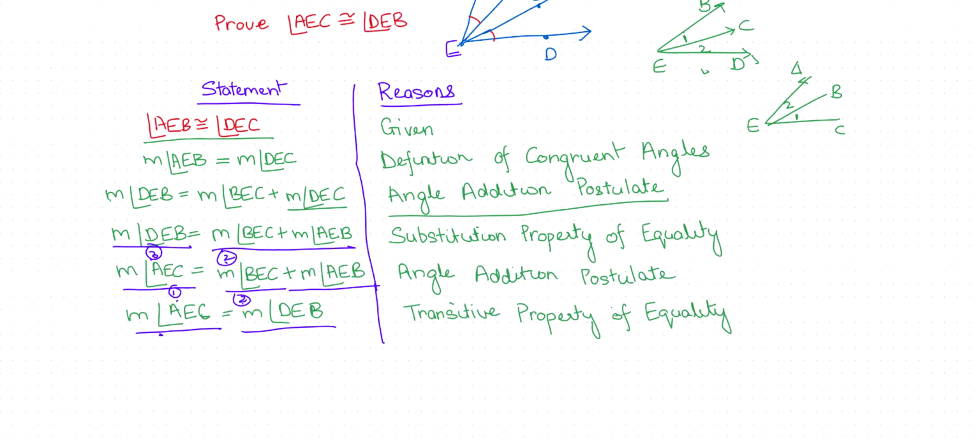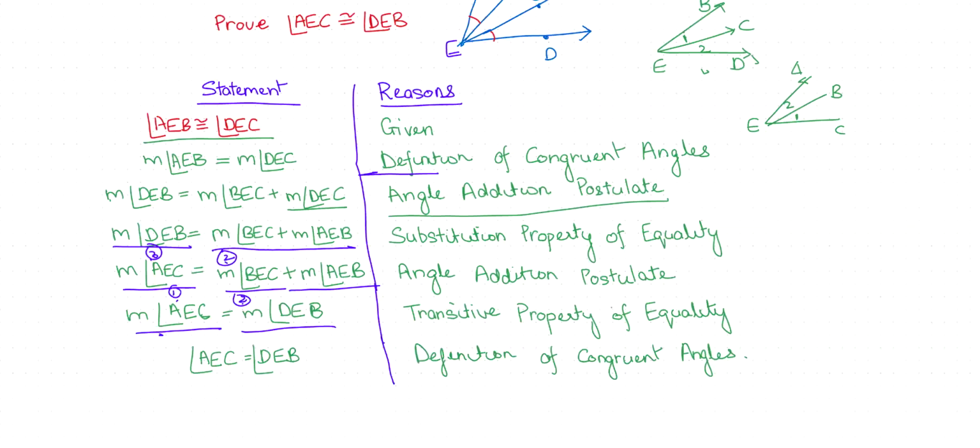Now, since measures of the angles are equal, we can use the definition of congruent angles: when the measures are equal, then angles are congruent.